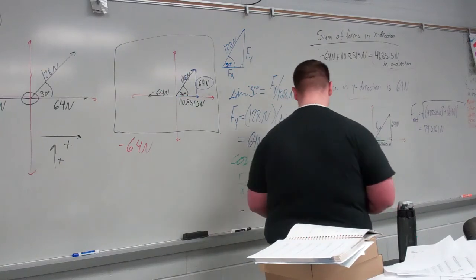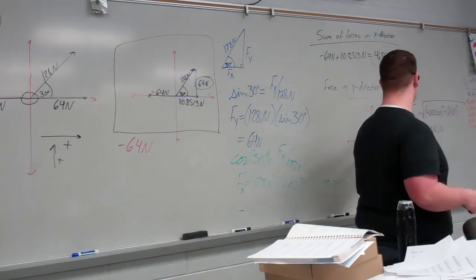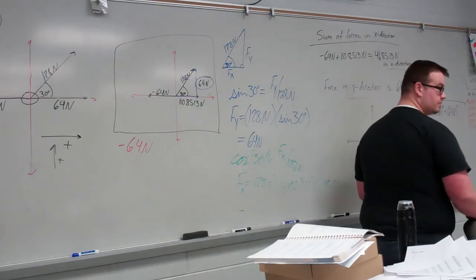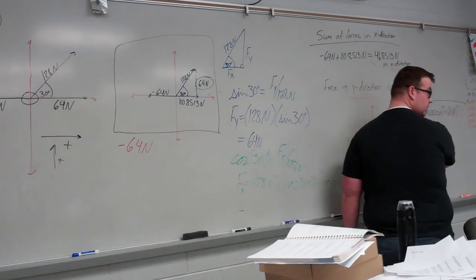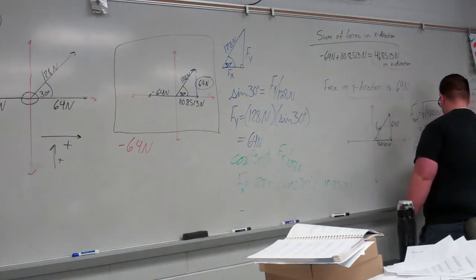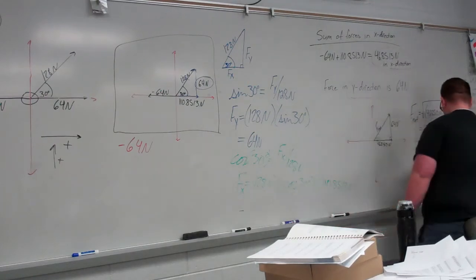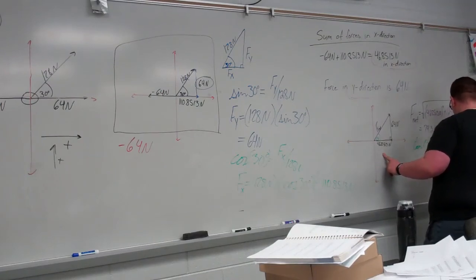Let's find theta. This is what I'm gonna do. I'm not gonna use another piece of information I had to solve for. I'm gonna do the tangent. So the tangent of theta equals the opposite over the adjacent. My opposite is 64 newtons, divided by this adjacent, 46.8513 newtons.